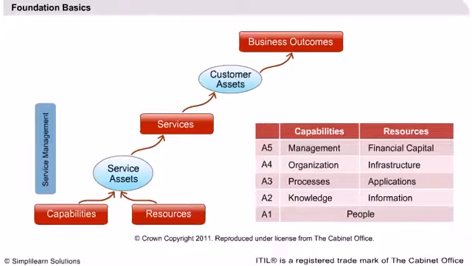It is by effective use of service assets, their resources and capabilities. So in this context, service assets are the resources and capabilities of the service provider's assets, that are utilized to deliver the IT service to the business or customer.